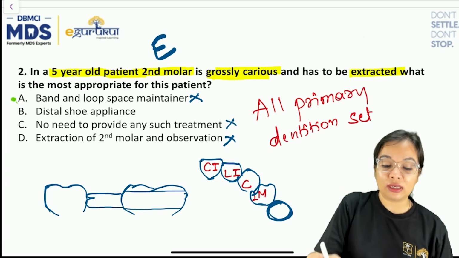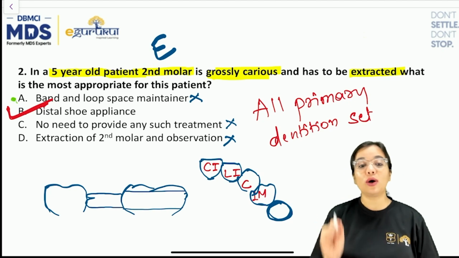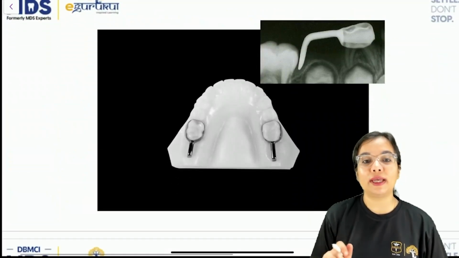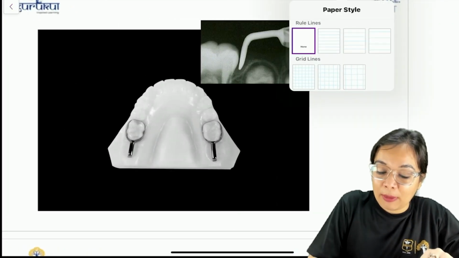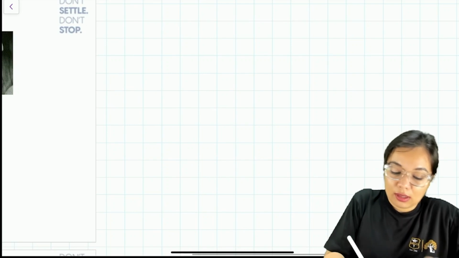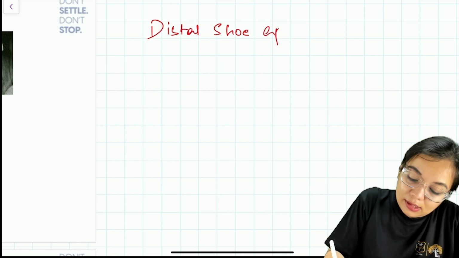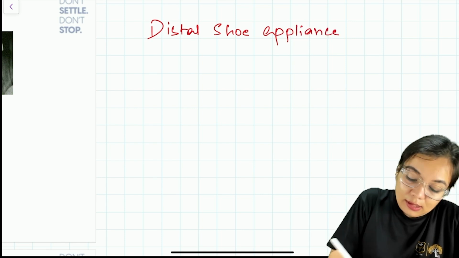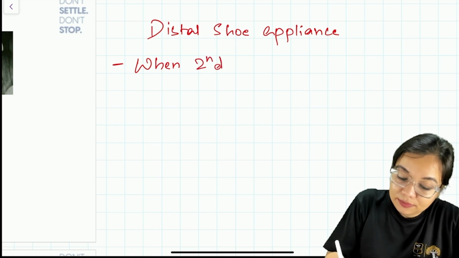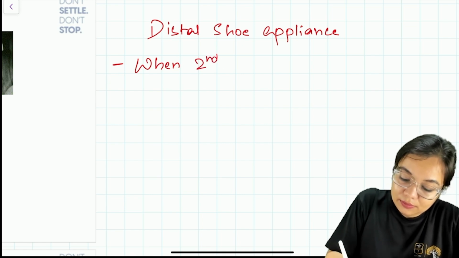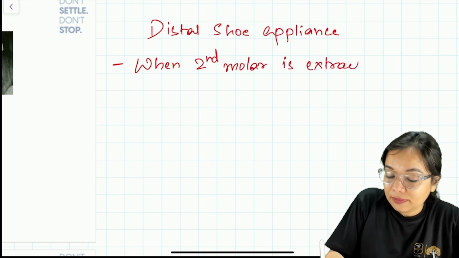The correct answer here is a distal shoe appliance. Okay, so how is a distal shoe appliance? Distal shoe appliance looks something like this. So let me first tell you what are the indications of distal shoe appliance. A distal shoe appliance is given when the second molar is extracted prematurely.